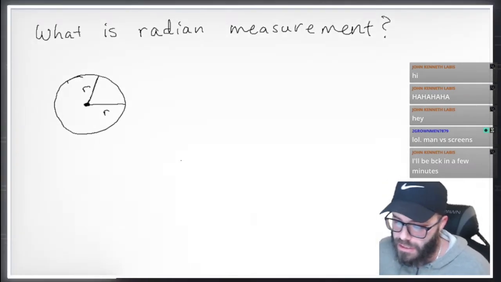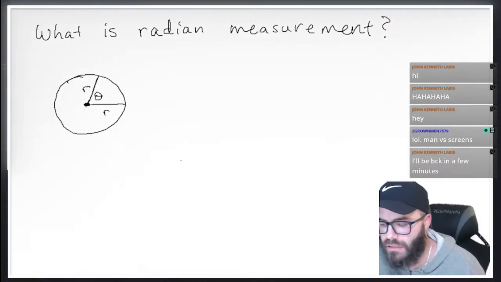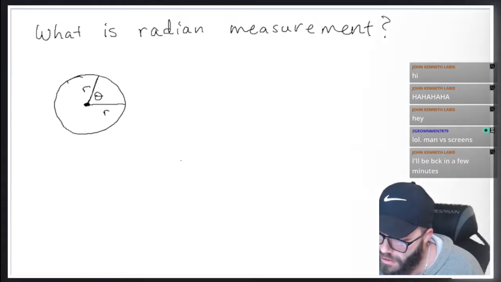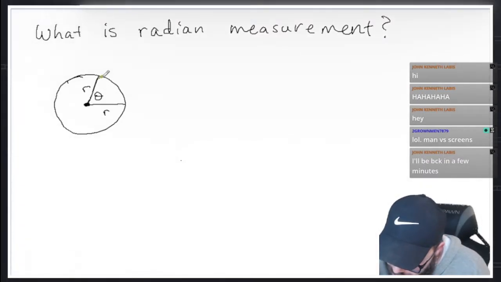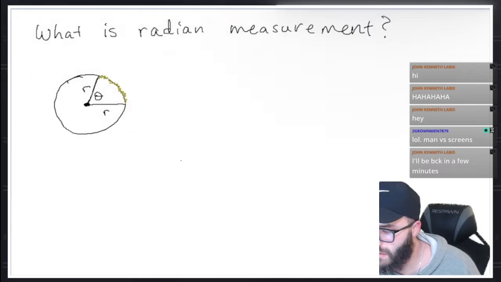Of course, they're equivalent. I'm going to call the angle that these two radii create the central angle. I'm going to label it theta. And this arc right here, the arc that is intercepted by those two radii, label that S.